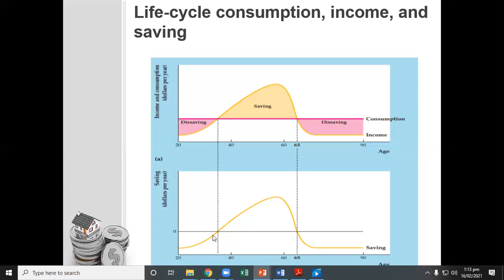In the middle years, saving is positive. The excess of income over consumption is used to repay debt incurred earlier in life and to provide for retirement. During the retirement period, people dissave.